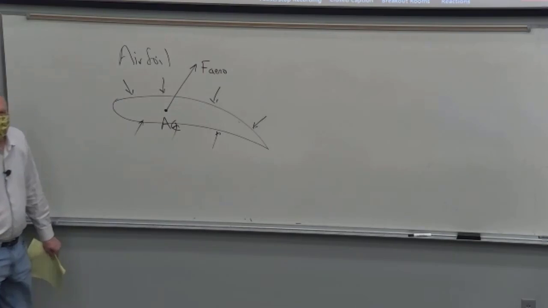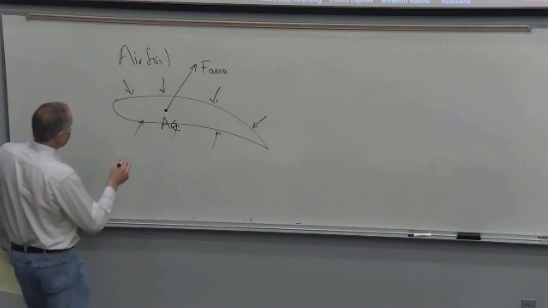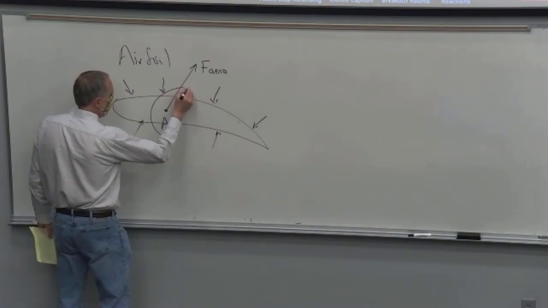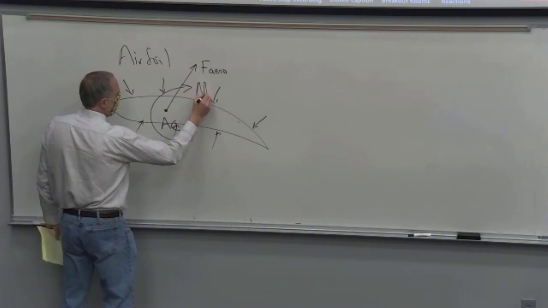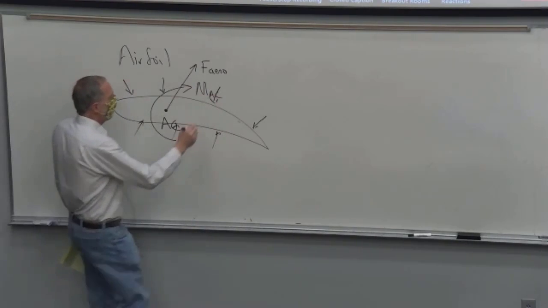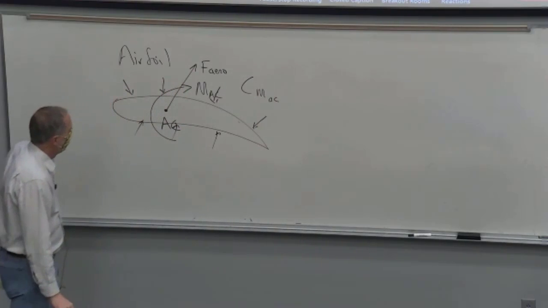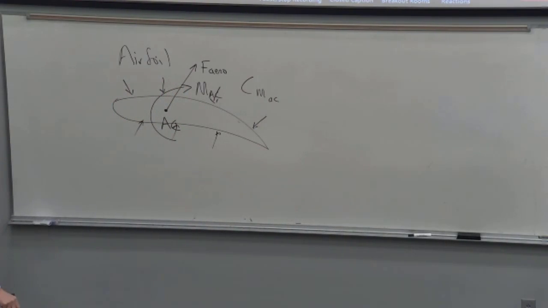Because as the angle of attack changes, the additional force, the additional lift acts at that point, and so the moment doesn't change if we take moments about that point. So we'll typically call that the moment about the aerodynamic center, or CMAC. So that's our force and moment model for the airfoil.